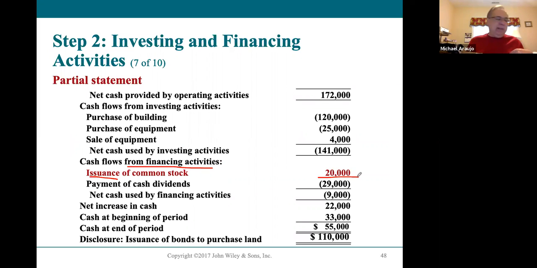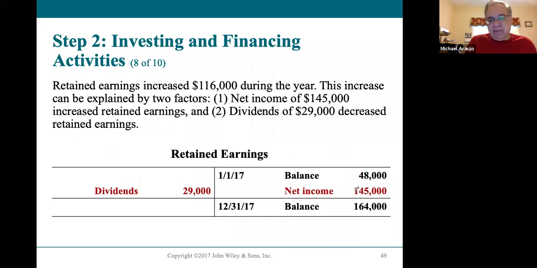That's the only reason it's a positive number. Okay, and then they paid a dividend. And again, when they pay a dividend, that's cash going out. And so the 29,000 shows cash going out as a negative, right? So here are the dividends, showing the cash going out.